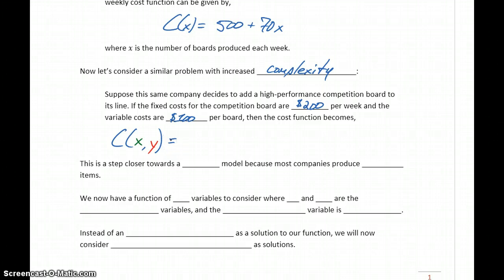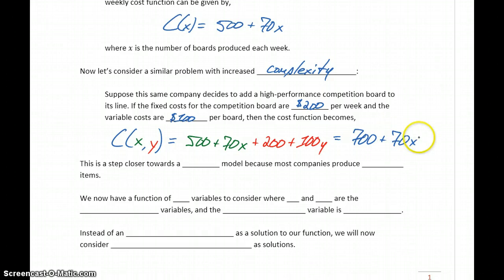So our new equation will be the original equation that we started off with, so 500 plus 70x. And now what we're going to add to that is the $200 fixed cost for this new type of board plus that variable cost. And then just simplifying terms here, we get a cost equation of 700 plus 70x plus 100y.